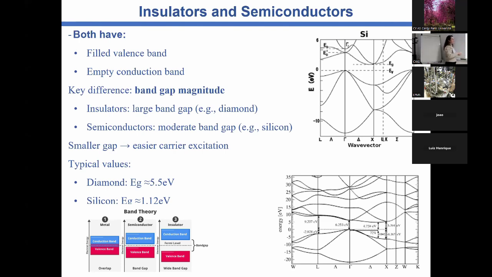From an experimental point of view, what we must understand here is what the highest occupied state is in terms of energy, and what the lowest unoccupied state is. This diagram is quite confusing.